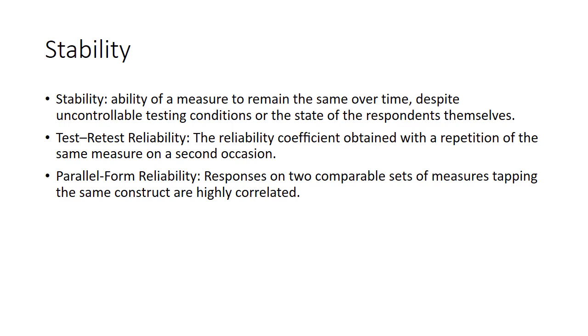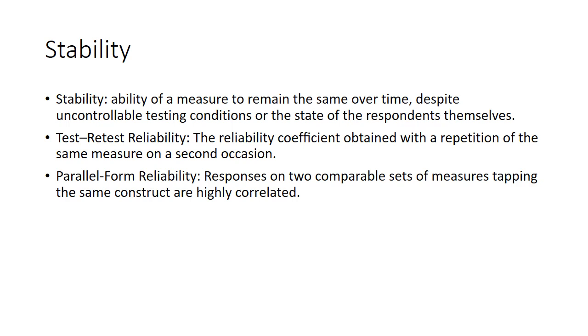Same over time. This is called stability. You say that his blood pressure is not stable, which means it is changing with the passage of time. For example, if you check that person's blood pressure, it is 140 over 90, and after a while his blood pressure is 160. This shows instability.